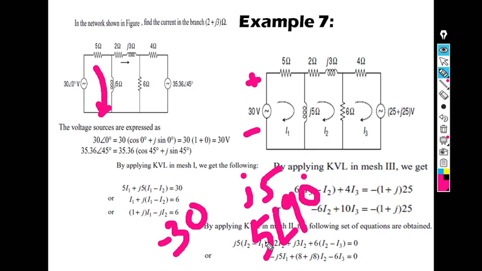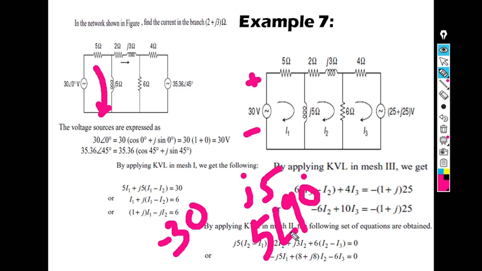Why? Because you know 5 cos 90 plus 5 j sin 90. Cos 90 means 0, so 5 into cos 90 is 0. And j into 5 into sin 90, sin 90 is 1, so we get J5.